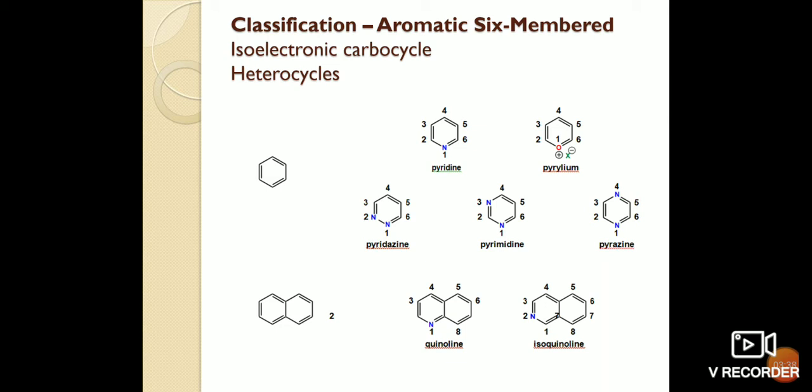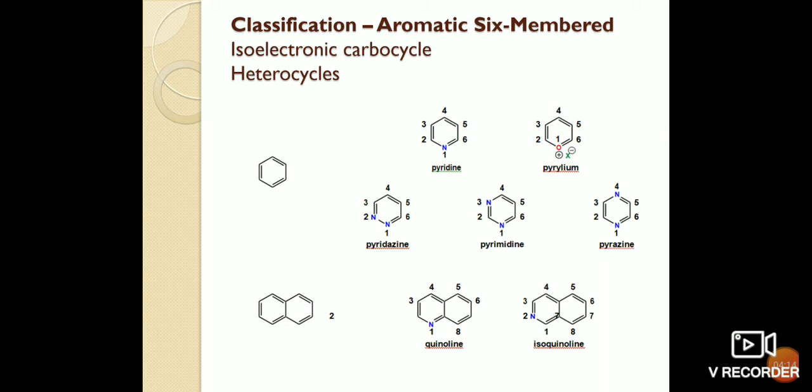member is pyridine, nitrogen at position 1, and pyridinium. This is a salt. Pyridazine, a 6-membered compound with nitrogen at position 1 and 2, pyrimidine with nitrogen at position 1 and 3, and pyrazine with nitrogen at position 1 and 4 in a 6-membered compound.